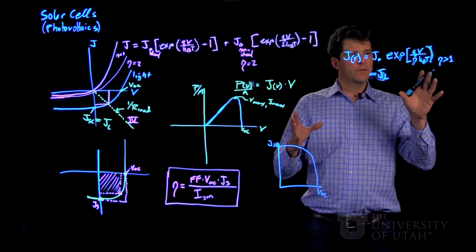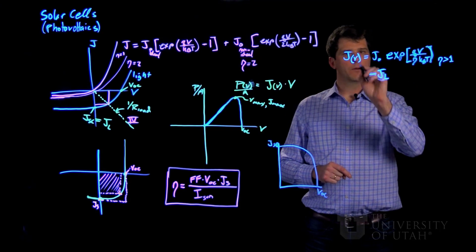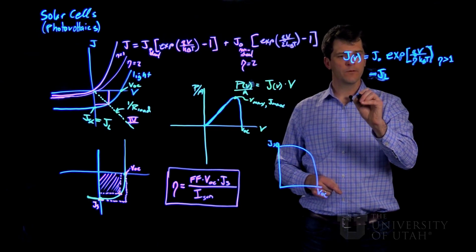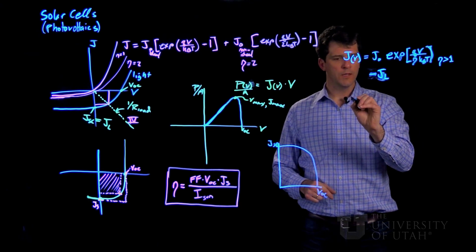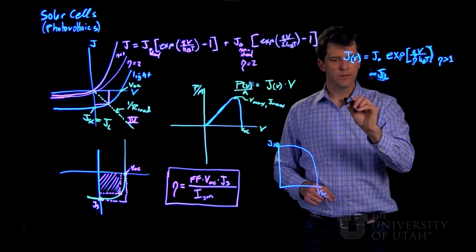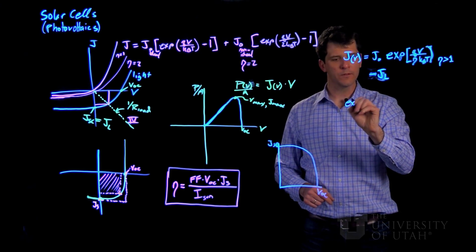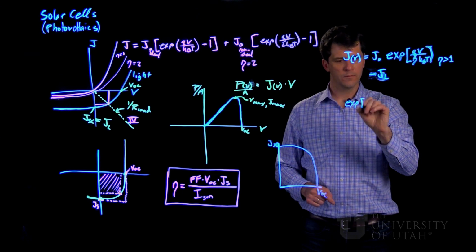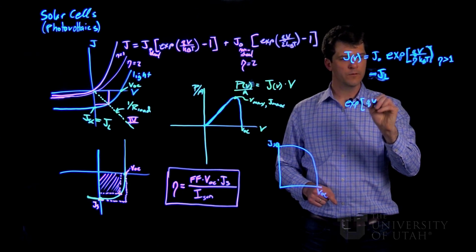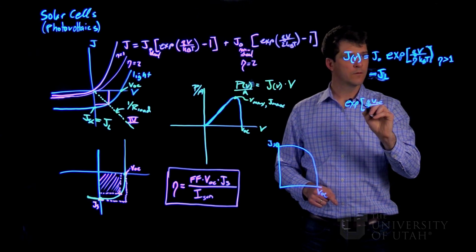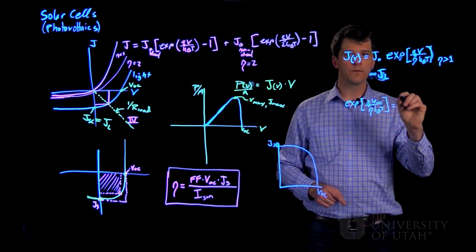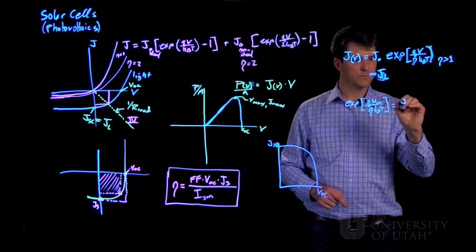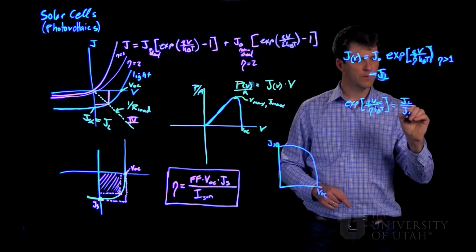So anyway, if we want to look for the open circuit voltage point, we're going to set this total equal to 0, and so we'll have eventually that exponential QV OC over eta kBT is equal to J light over J naught.